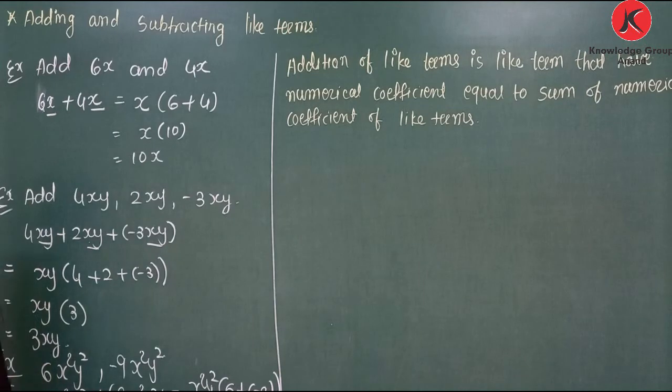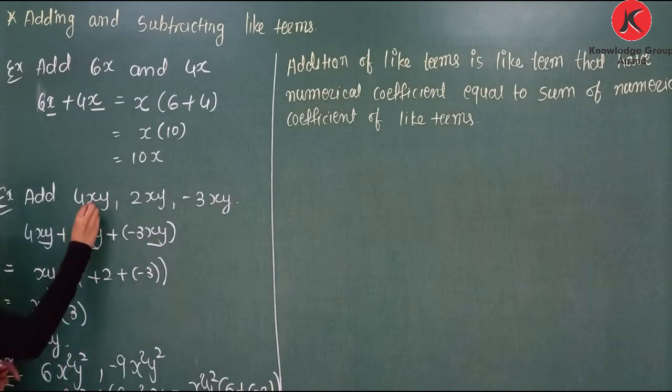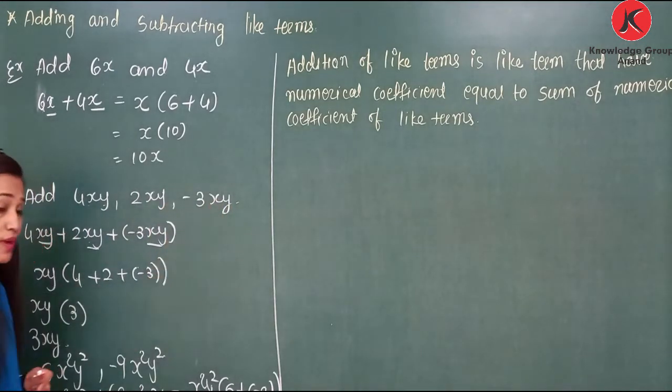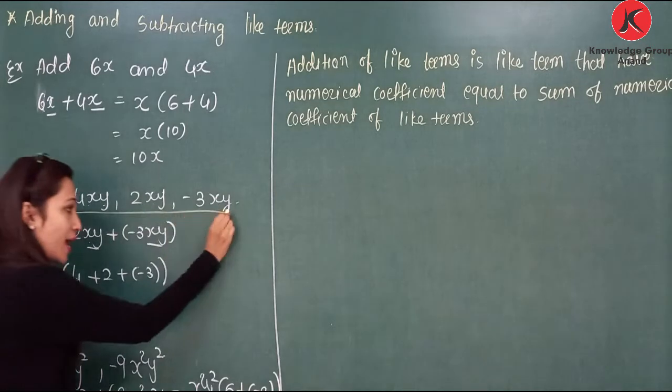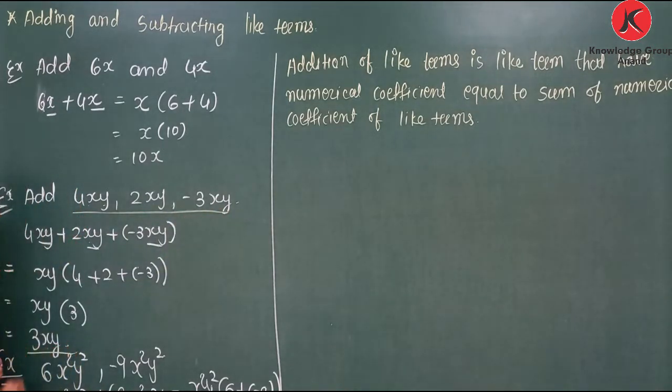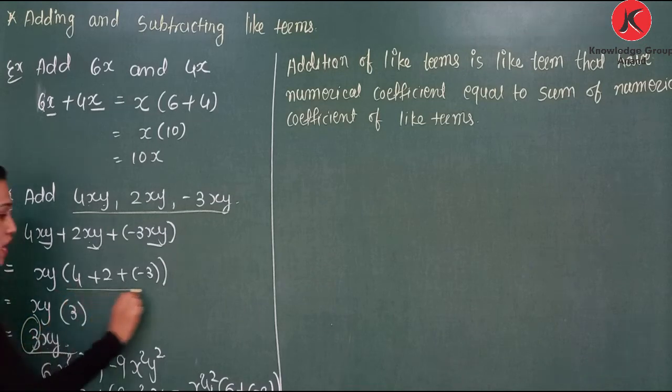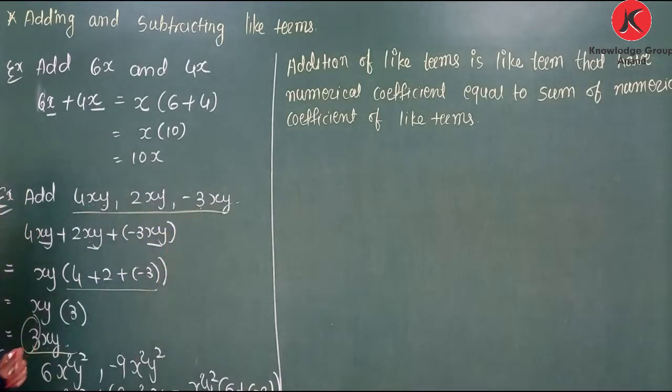Means the addition of two like terms or three like terms is a like term. This is xy, this is xy, this is xy, and the answer is also xy. Means all are like terms.